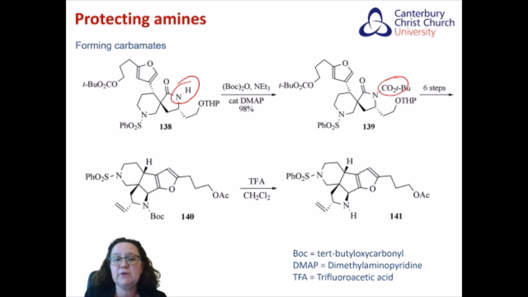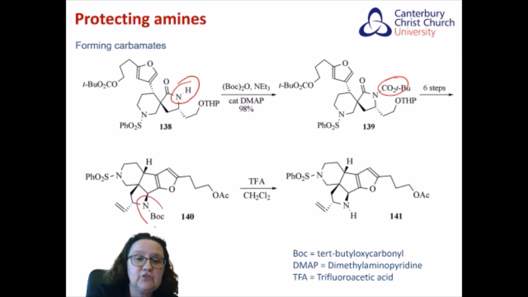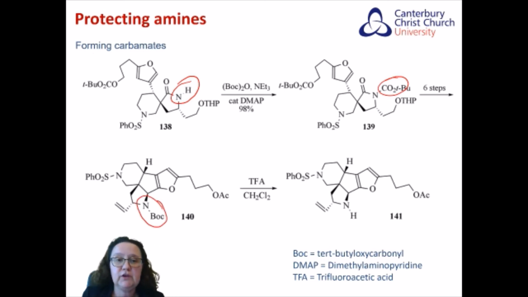A series of reactions happen, and the structure of the molecule changes quite dramatically, but this nitrogen is still protected. It's not interfering with the rest of the synthetic steps. And finally, again, by using an acid, in this case trifluoroacetic acid, the nitrogen gets liberated, the protecting group gets removed, and you regenerate that hydrogen in what is now a secondary amine.